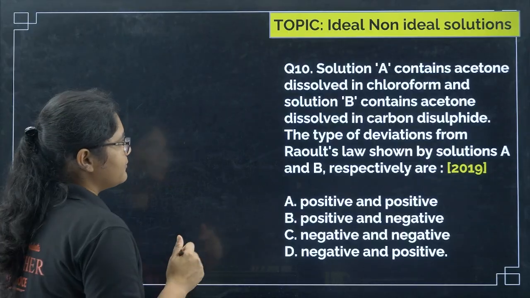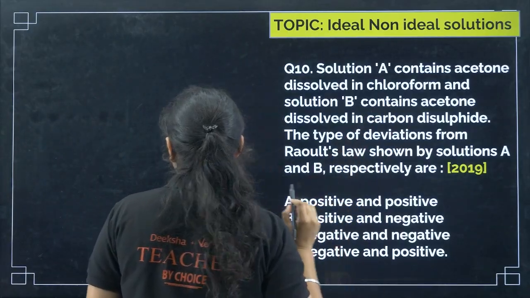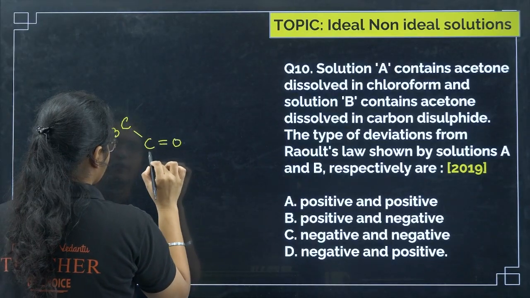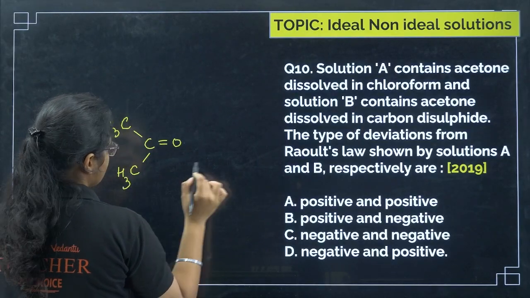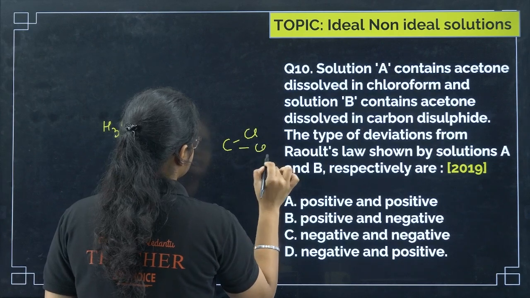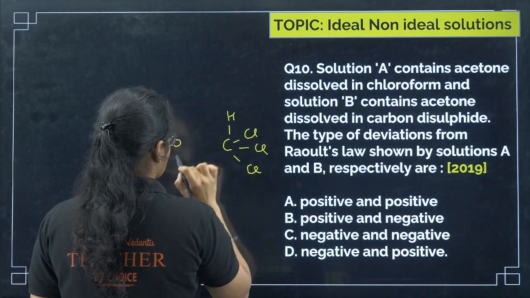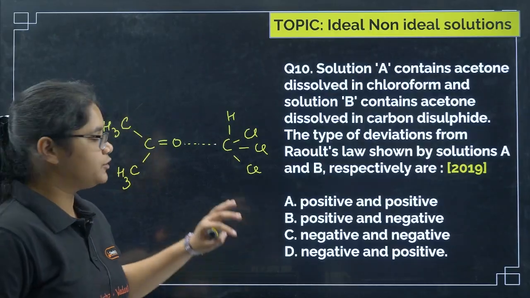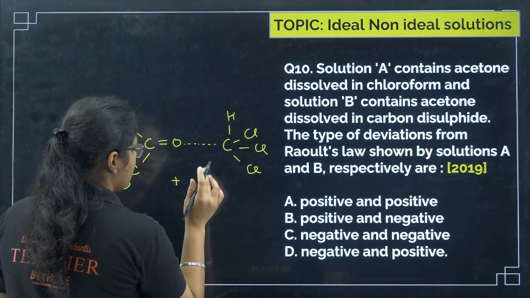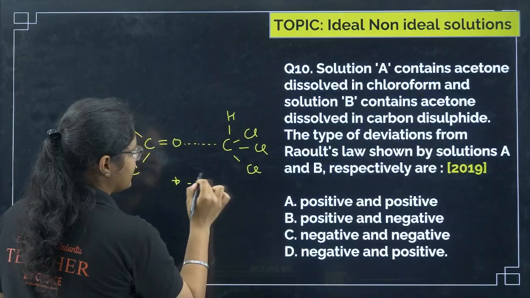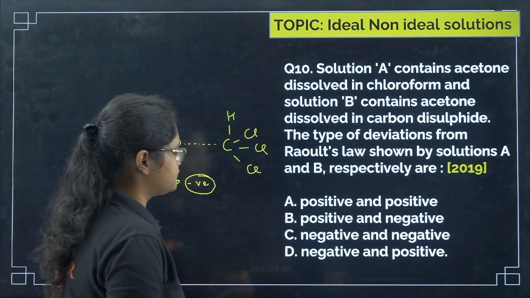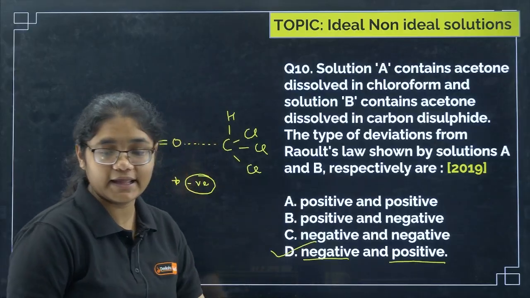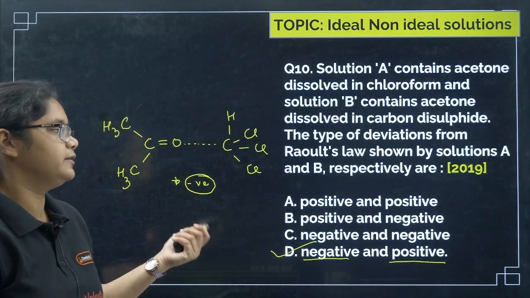When you have acetone and chloroform, we have a strong interaction, due to which there is a strong attraction, which means there is negative deviation. So the first one will be negative deviation and the second one will be positive deviation, option number D. You can remember the examples directly here.